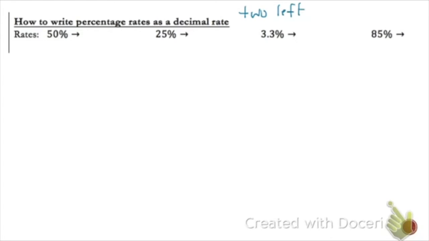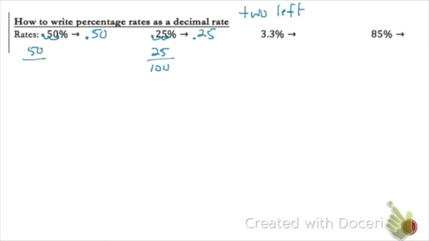So 50% has a decimal here, but as a number we need to write that. So we'll go 2 places to the left as 0.5. So 25%, right now the decimal's at the 5, so if we move it 2 to the left, that is the same as 25 hundredths. Because remember, percent is a comparison out of 100.